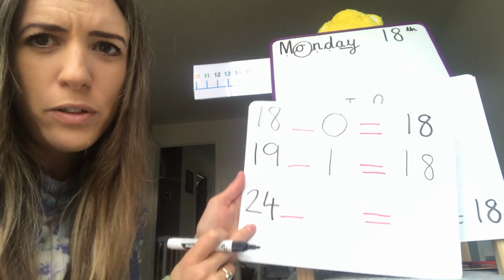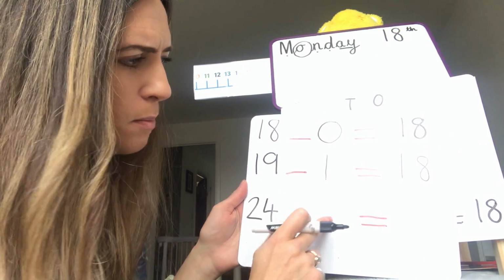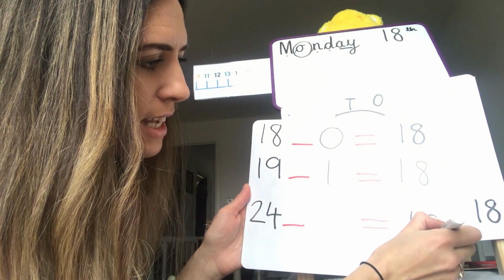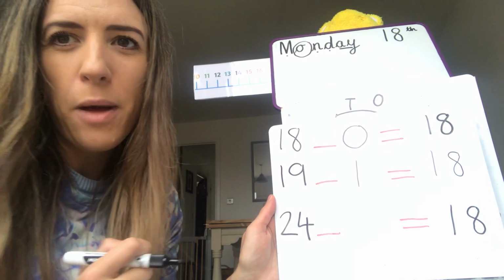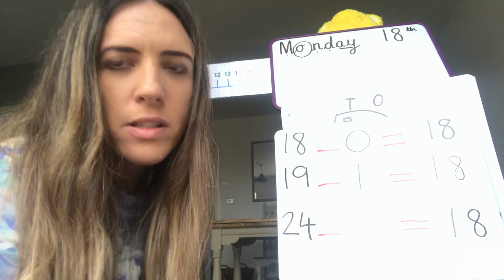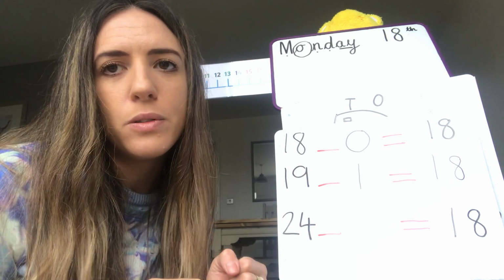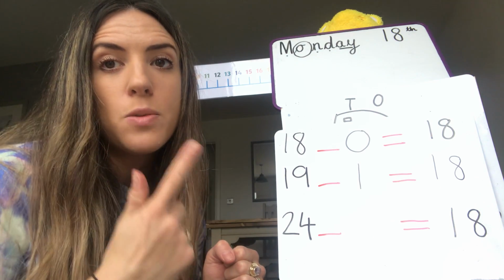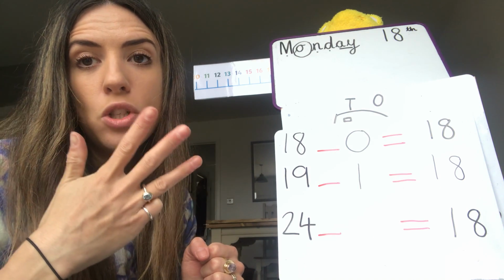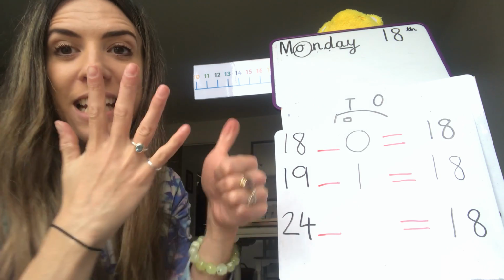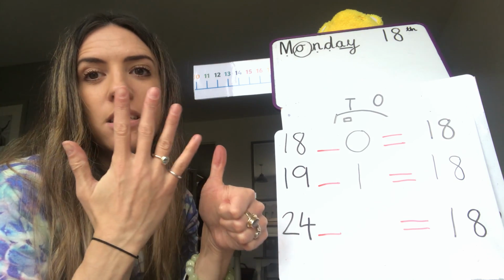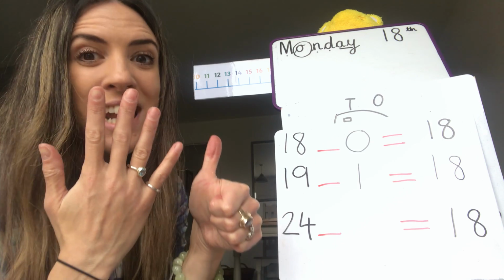Okay, 24 take away something equals 18. Should we count backwards and see how many? So 24 in your head, 24, 23, 22, 21, 20, 19, 18. So I counted backwards 6 and I landed on 18.